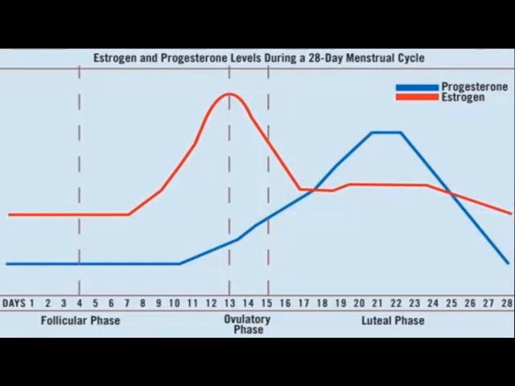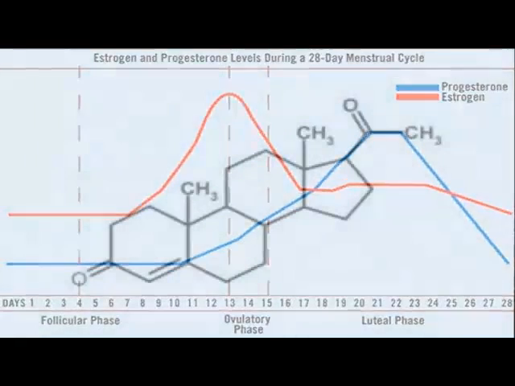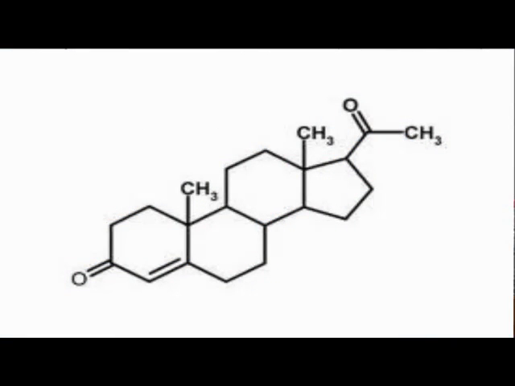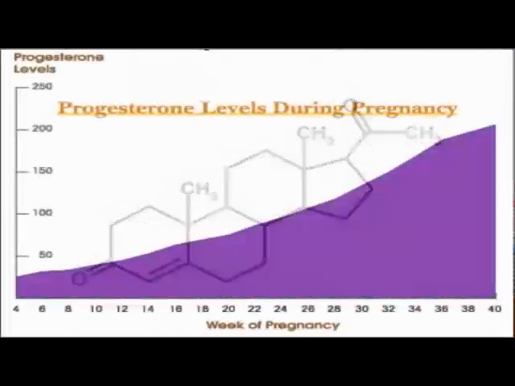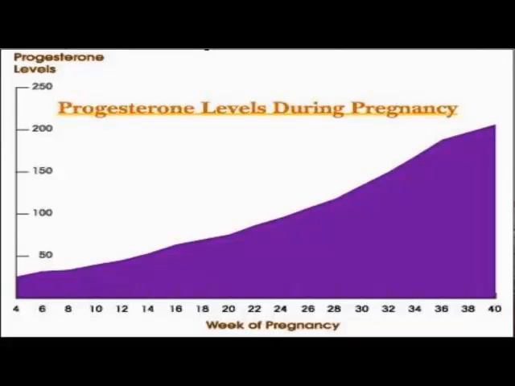Progesterone plays a vital role in making the endometrium receptive to implantation and supportive of early pregnancy. This also raises a woman's body temperature.